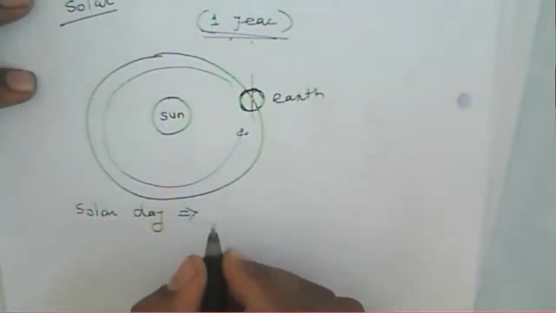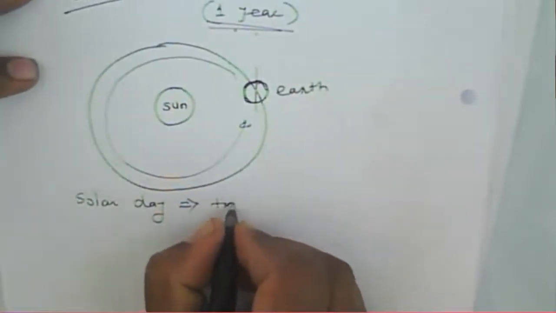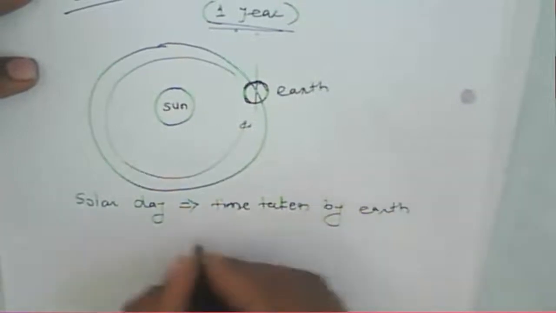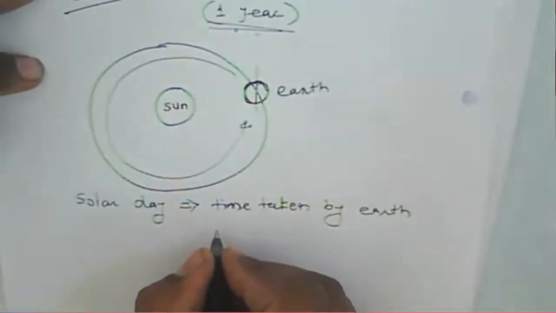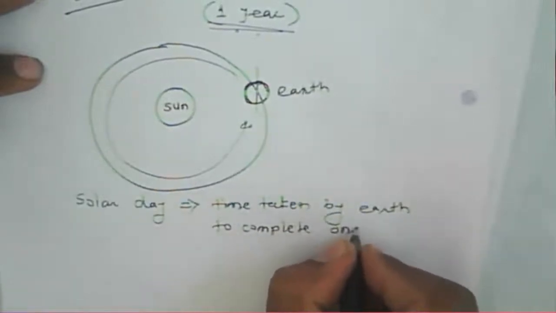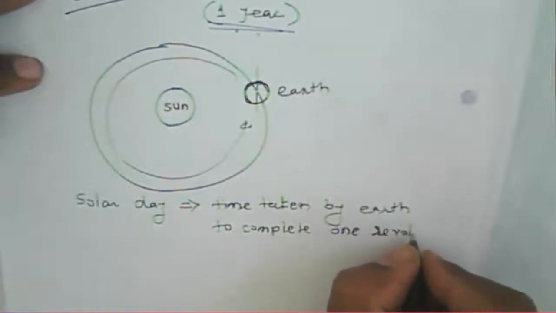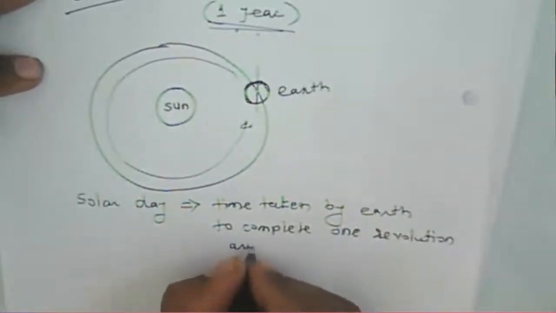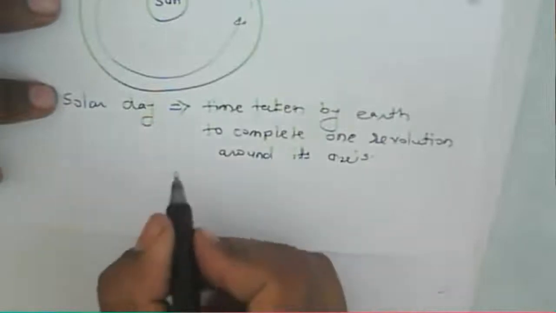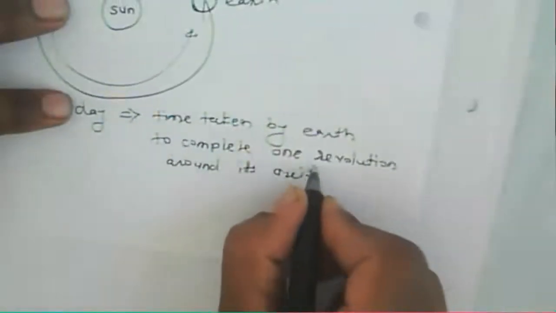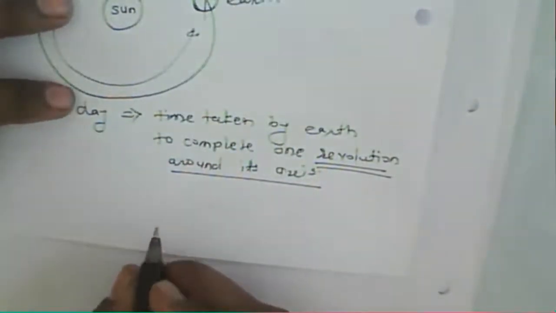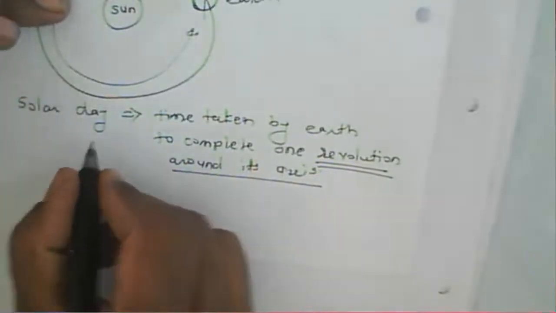But a solar day, if you consider it, means the time taken by the Earth to complete one revolution around its axis, that is, one rotation around its axis.